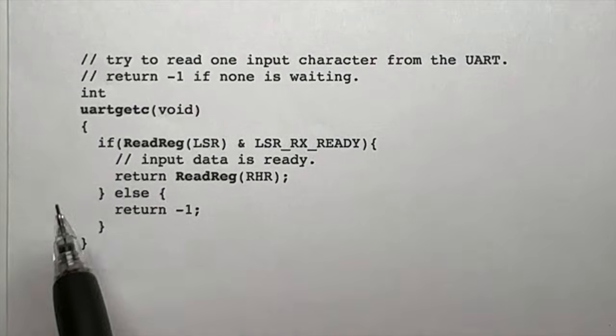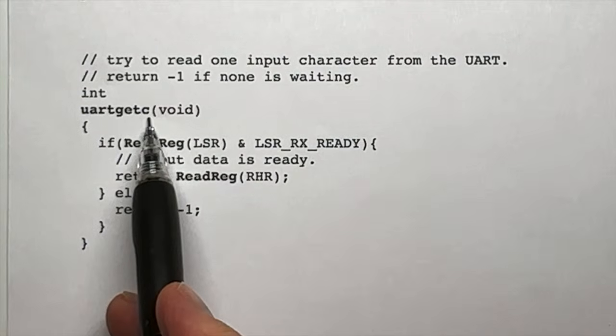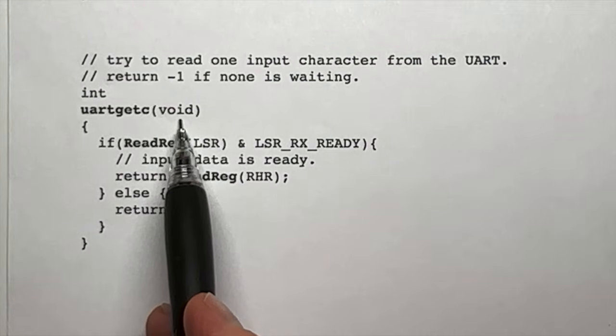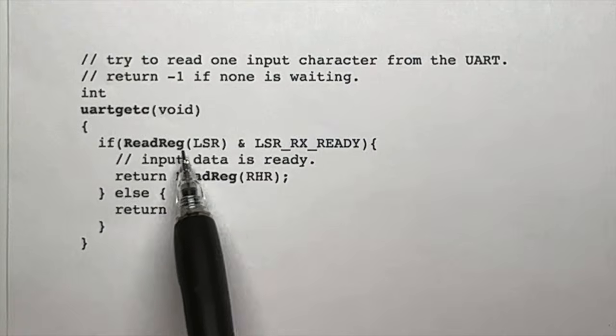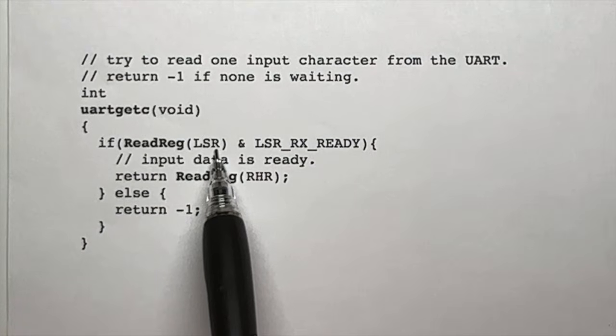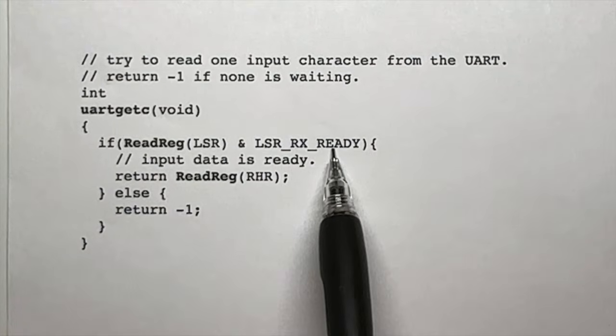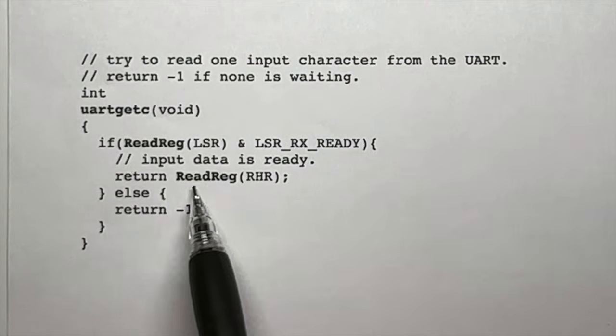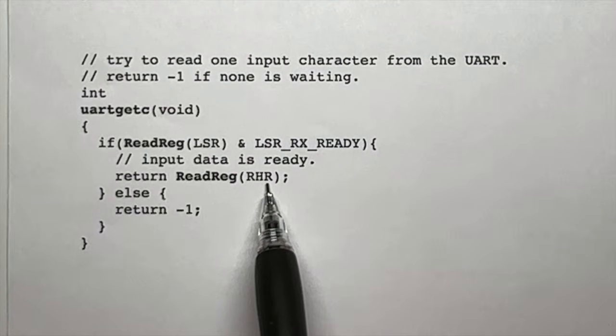Next, let's look at UART getc. It's simple. It checks a status bit to see if there's a new byte that's come in. To do this, it reads the line status register and checks the receive ready bit. This bit will be true if there's a byte that's been received from outside, but not yet fetched from the receive hold register. If so, we grab the byte by reading the receive hold register and return it.